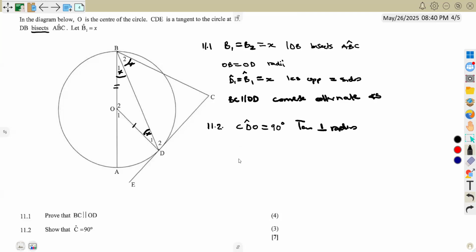And we can now add the angle C plus the angle CDO, which must be equal to 180 degrees. What's the reason for that? Because we have already proven that these two lines are parallel.